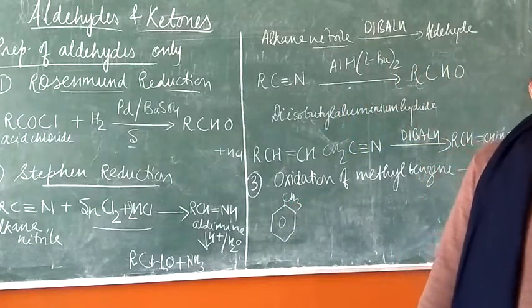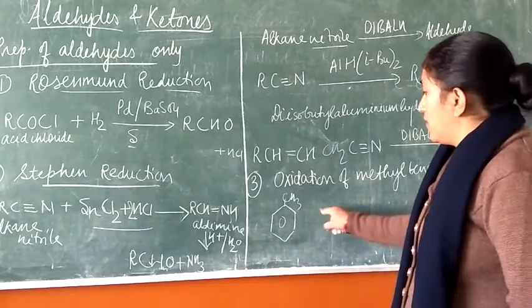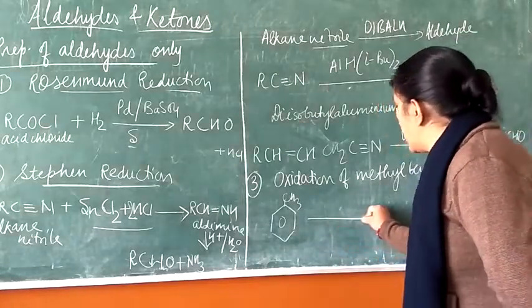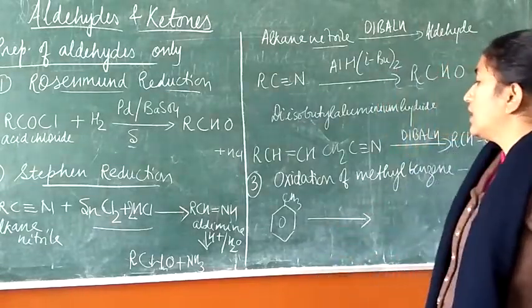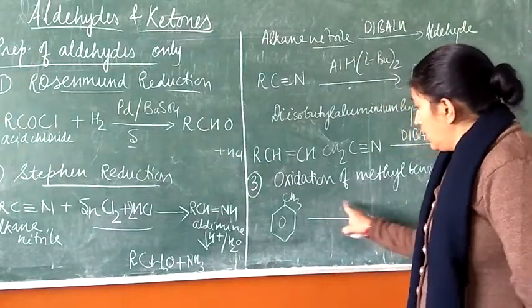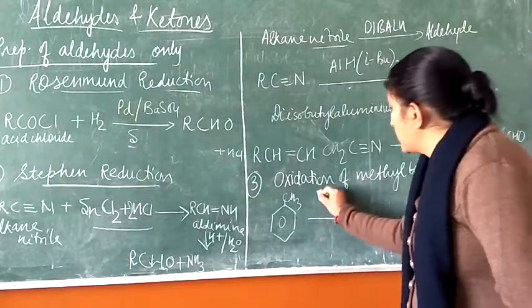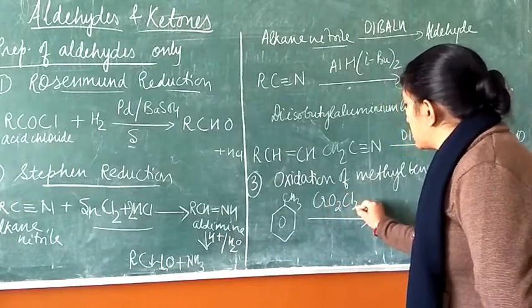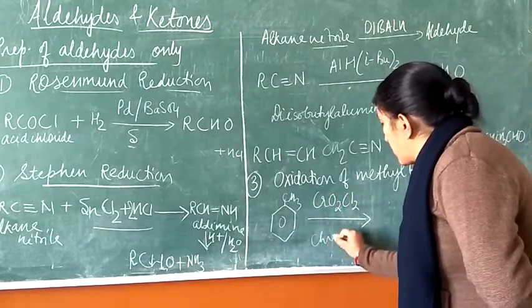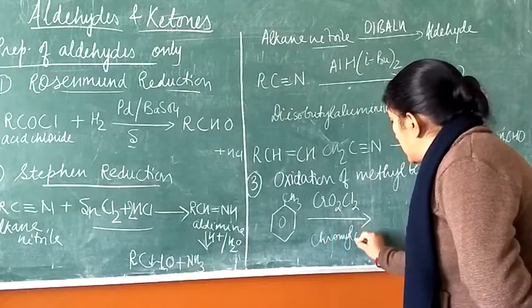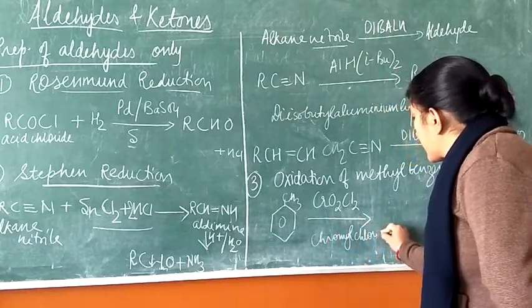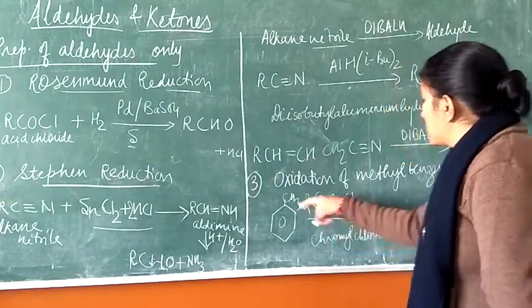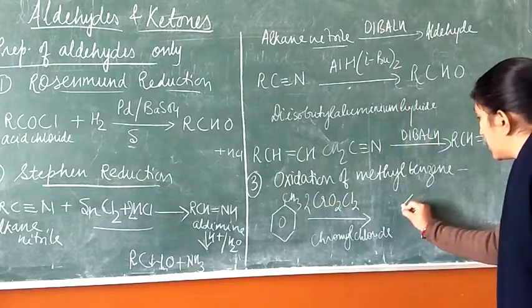But we have to prepare benzaldehyde. So here the oxidizing agent we are going to use is chromyl chloride, CrO2Cl2. We will use two molecules for one toluene.